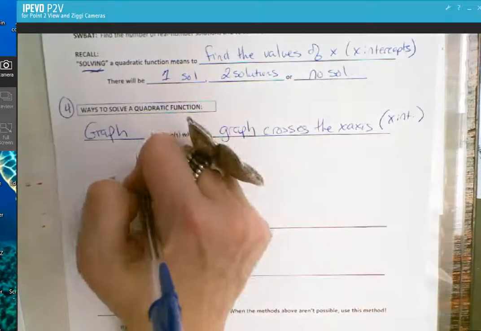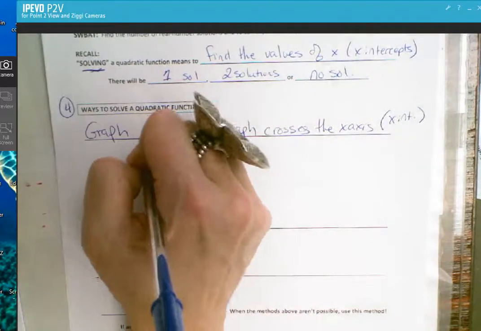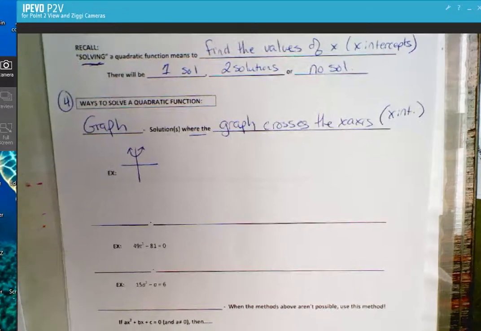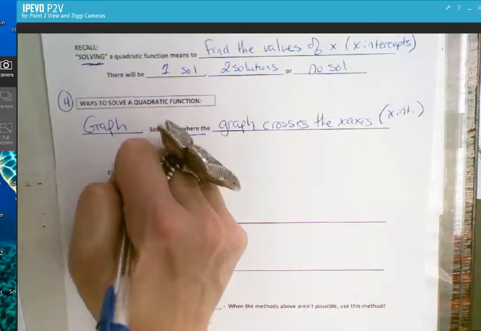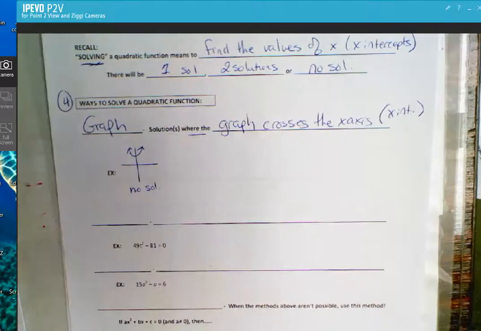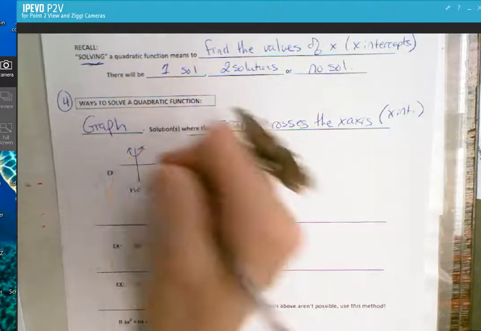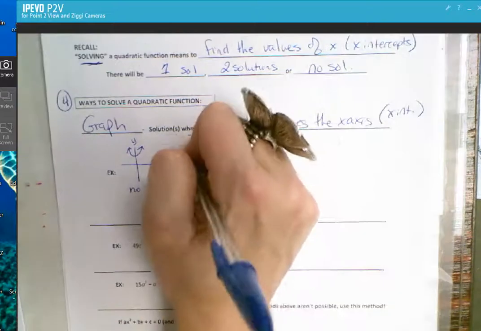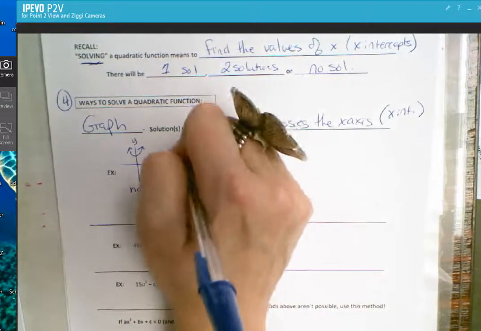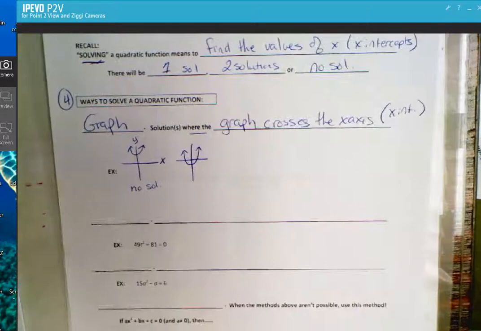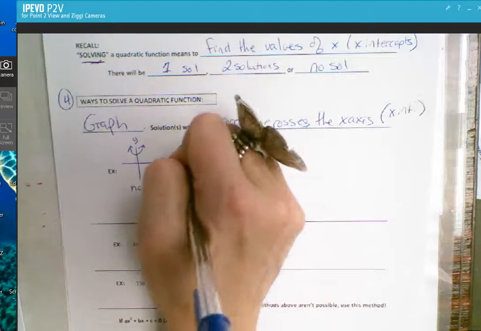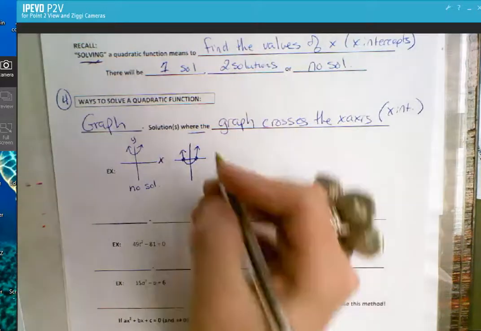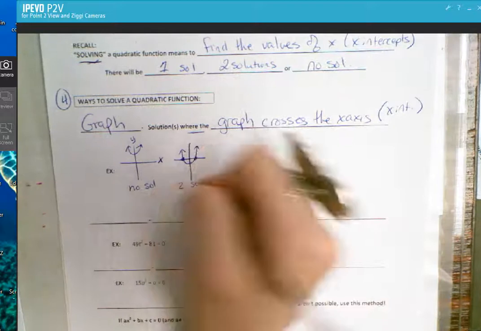So if I take a look, for example, at a positive parabola facing upward and it doesn't cross, this would be no solution, because there are no times where it crosses the x-axis. Or it could also cross as a positive parabola at two spots. So my solutions are these points right here, the x values, where it crosses. So here I have two solutions.